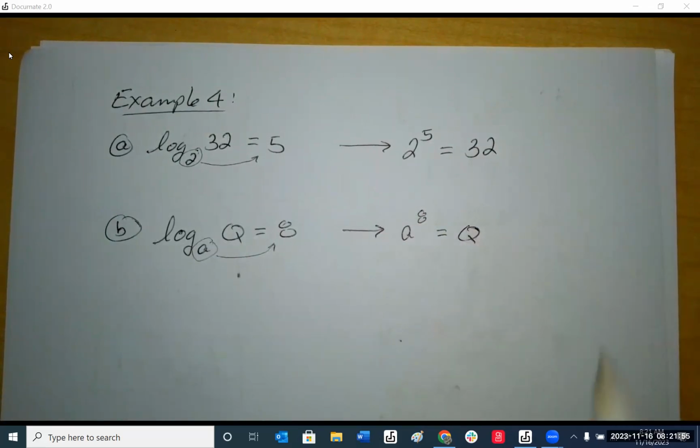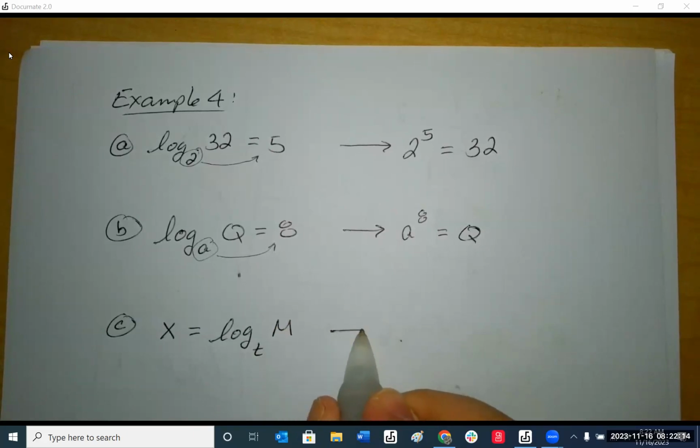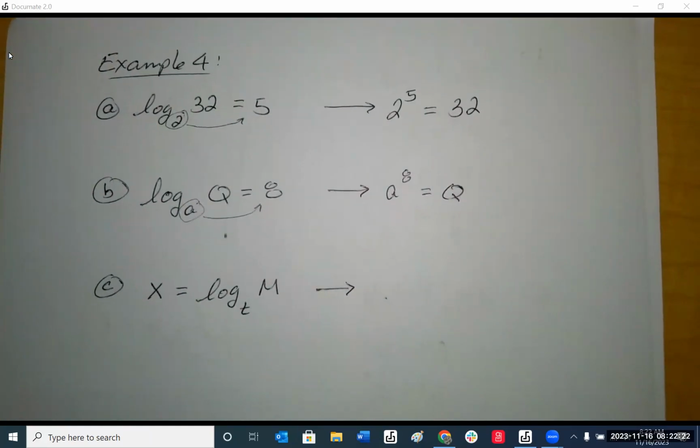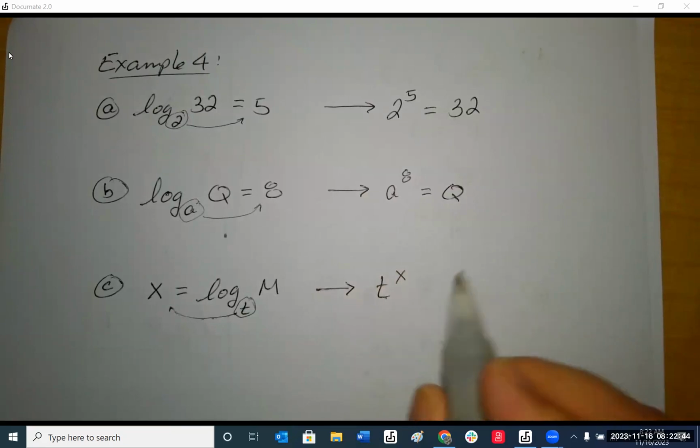The log drops off and we're left with Q. X equals log base T of M. The base is T, so it pushes up the answer. The log drops off, and we get M.